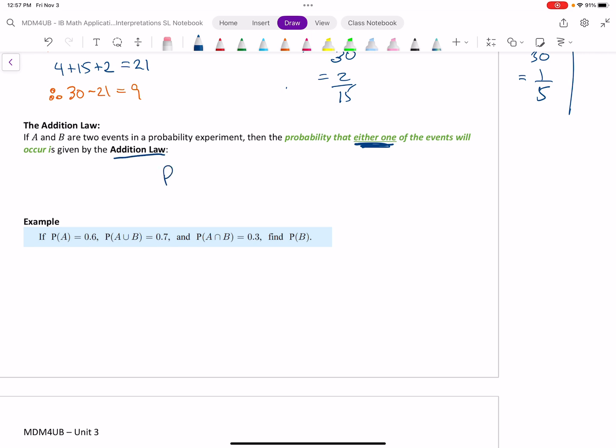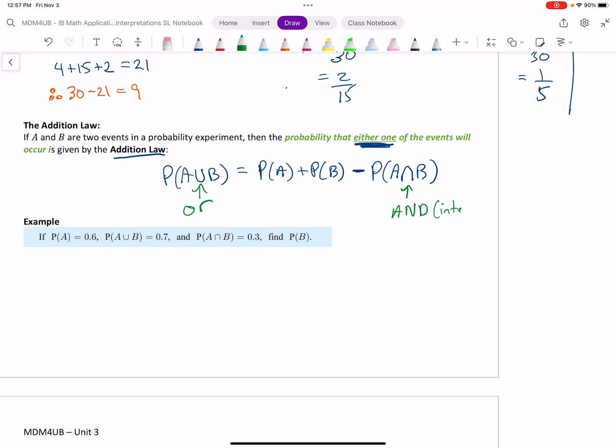It really is the probability of A or B, so this is the or part, the union, is equal to probability A plus probability B, but sometimes you get this overlap, so we have to subtract the A intersect B. The reason is because we double count those numbers, and we'll have some examples in a second. So this is the and part, which is the intersection.